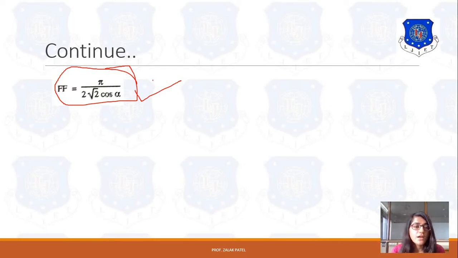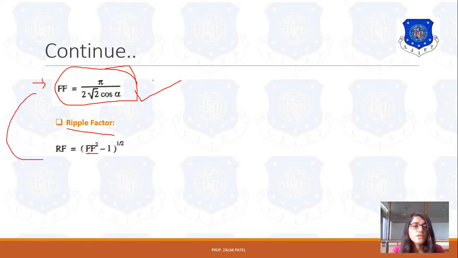So the next parameter is ripple factor. Ripple factor should be as minimum as possible, and we already discussed it for the half wave converter, that it is form factor squared minus 1 raised to 1 by 2. We already have the value of form factor. Now we simply have to put it over here.